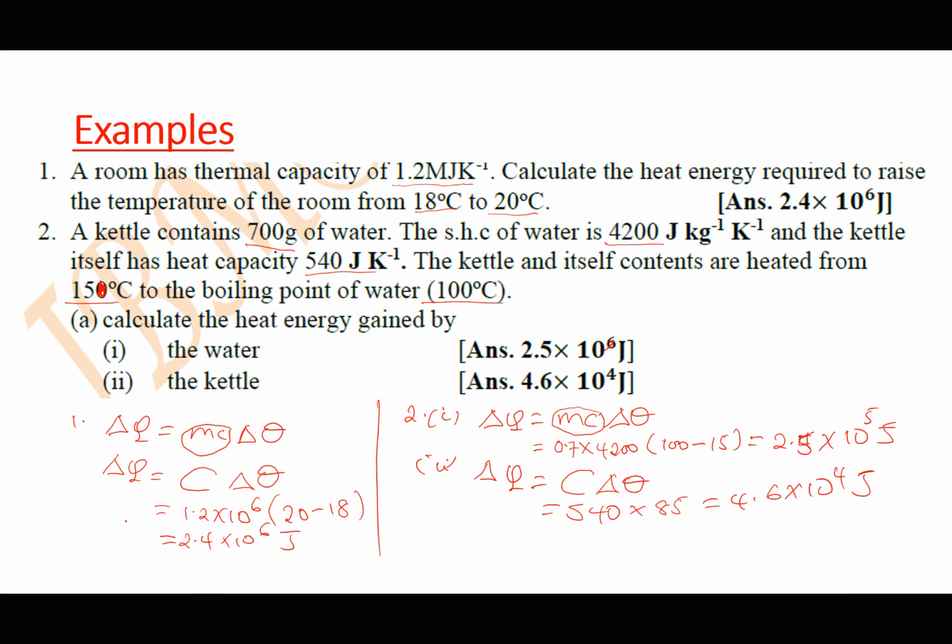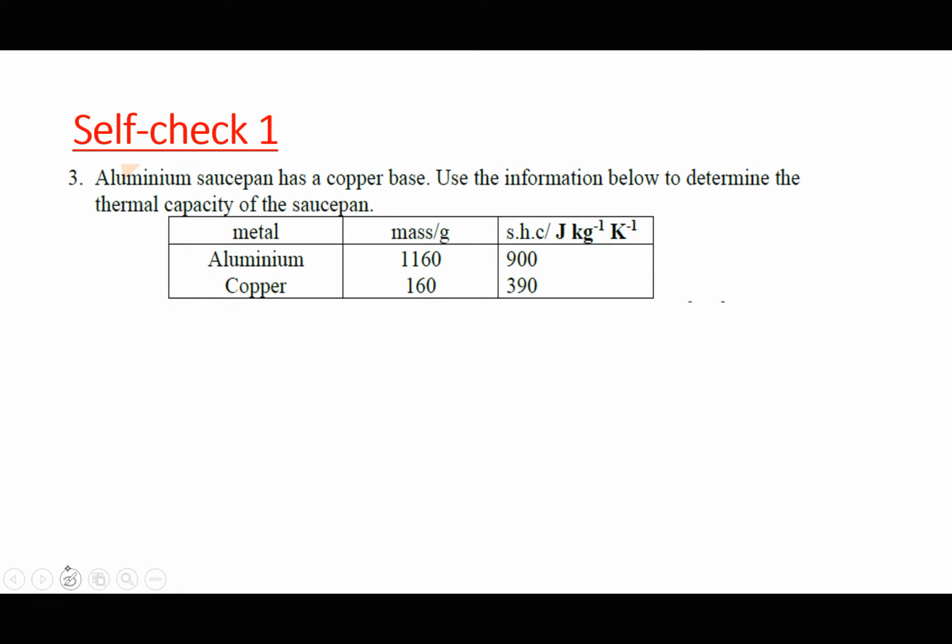Okay, example number 3 actually. Oh, this is a self-check. So self-check number 1, they have given here aluminium. It is an aluminium saucepan with a copper base.